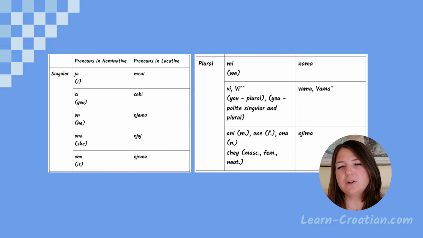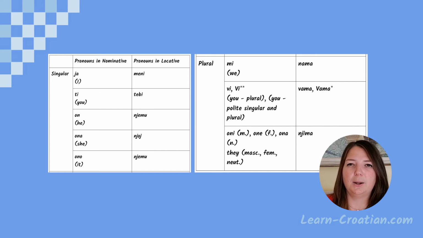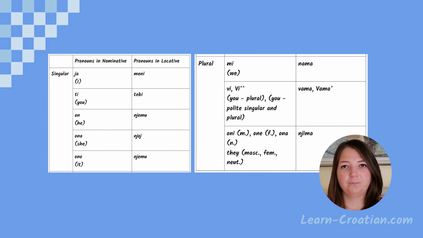In the locative, it would be meni, tebi, njemu, njoj, njemu, nama, vama, njima.